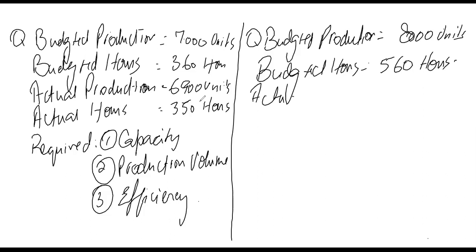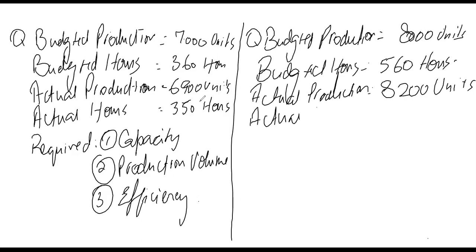The actual production is, let's suppose, 8,200 units, and that also is being produced. The actual hours taken is 555. Let me rewrite this so that you can understand it well. 555 hours.